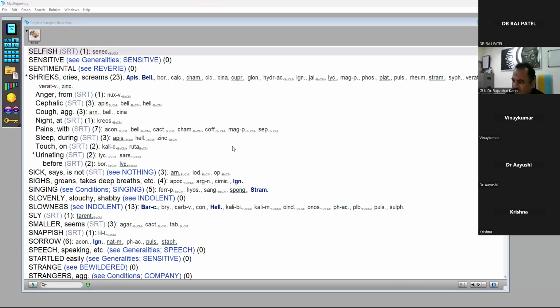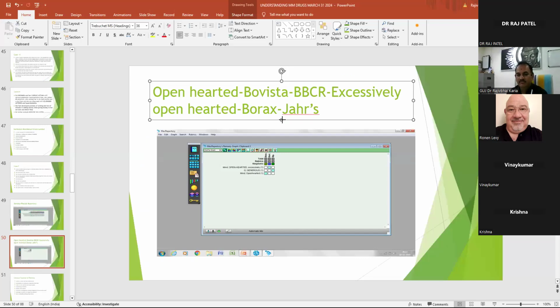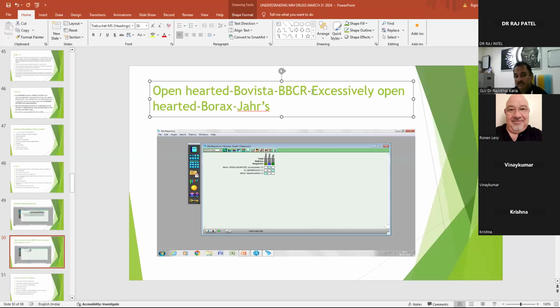And it belongs to which family? Compositae. Very nice. Superb. Ronen, okay. Congratulations, Ronen. Thank you. So remember Jahr has written open-hearted, excessively open-hearted.